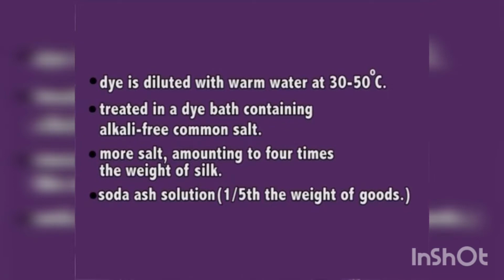More salt amounting to 4 times the weight of silk is gradually added in the first half hour, and then an appropriate amount of soda ash solution, 1/5 of the weight of the goods, is added in stages over the next 20 minutes. Dyeing is carried out for a further period of 30 minutes. The goods are finally washed in a soap solution containing a small amount of common salt and soda ash.